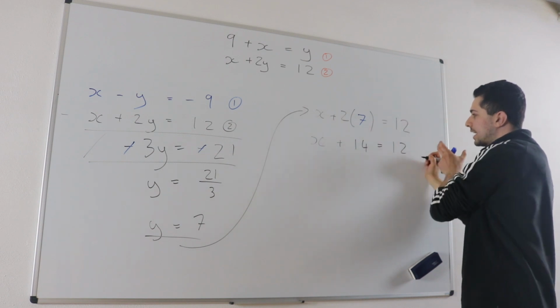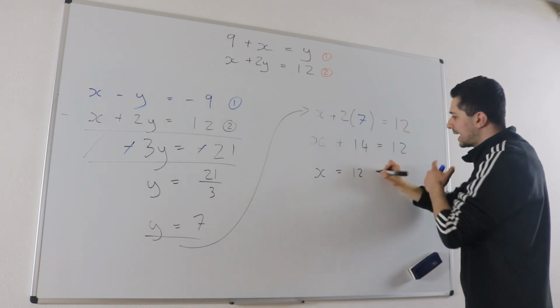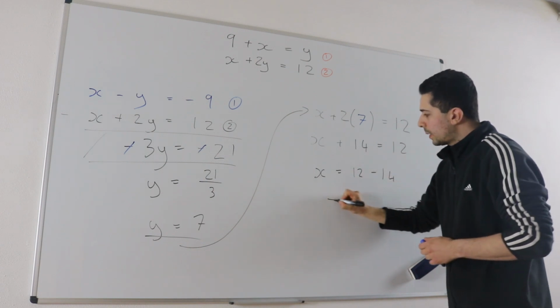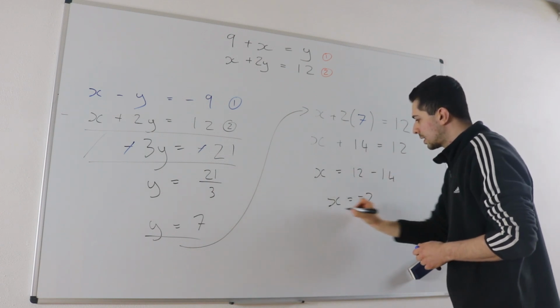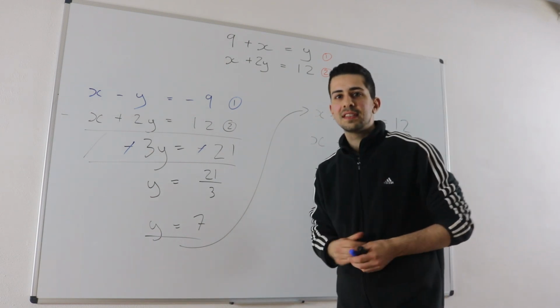Plus 14, I take it to the other side. So x equals 12 becomes minus 14. So x equals minus 2. And like that, I have found both x and y and solved the simultaneous equation.